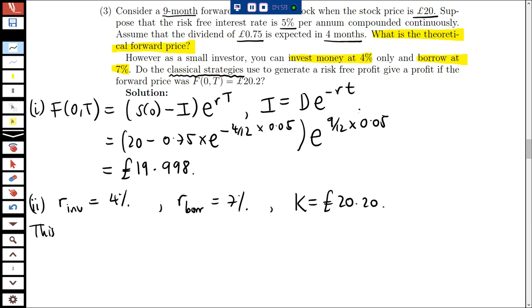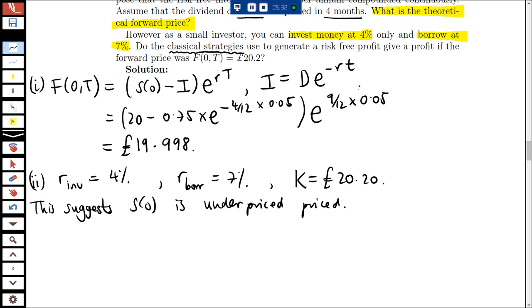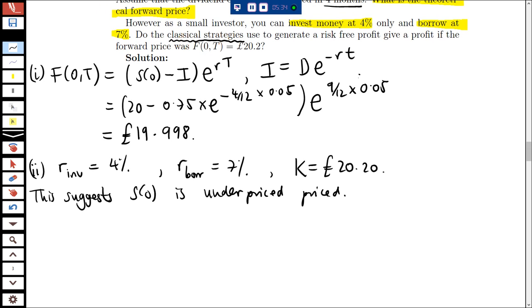So this suggests that S0 is underpriced. Okay, so if the value of the stock was a little higher, then in part I, that value, the 19.998, would be closer to K, the £20 20 pence, which is what it should be.